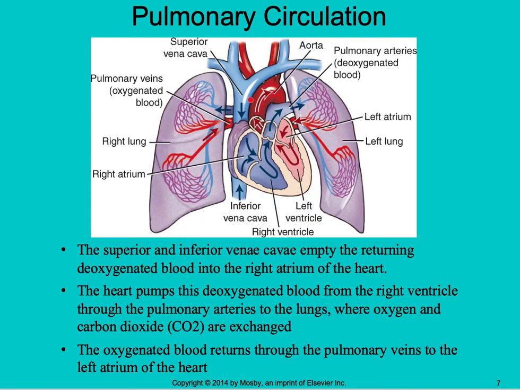The heart pumps this deoxygenated blood from the right atrium to the right ventricle, and then to the right and left pulmonary arteries, which go into the lungs, where the oxygen and carbon dioxide are exchanged. The carbon dioxide is expelled, the oxygen attaches to the hemoglobin, and then the oxygenated blood returns through the pulmonary veins.